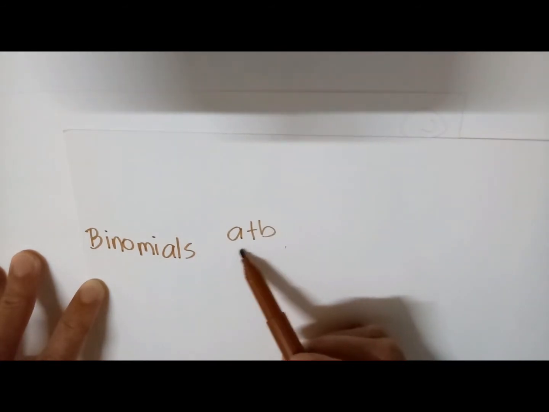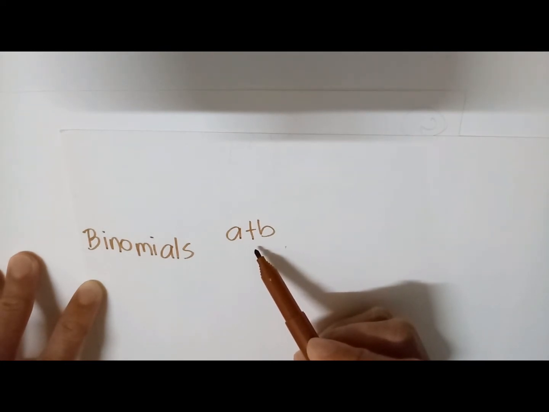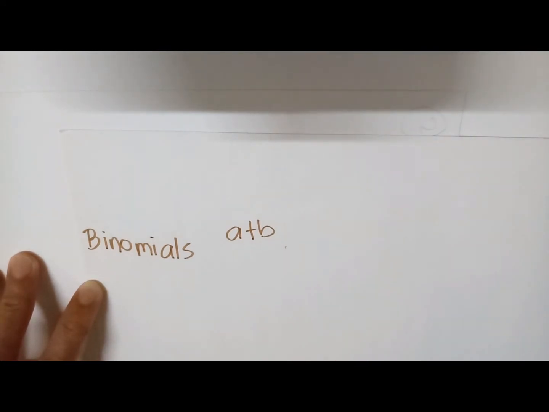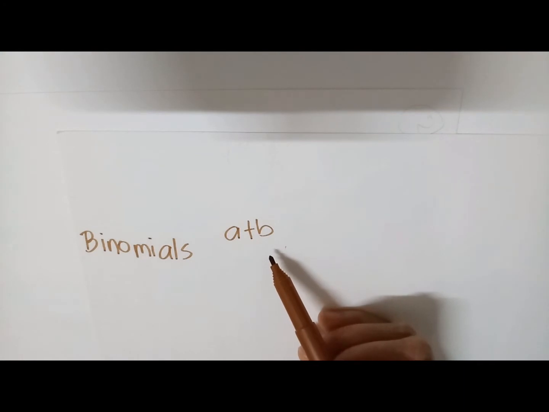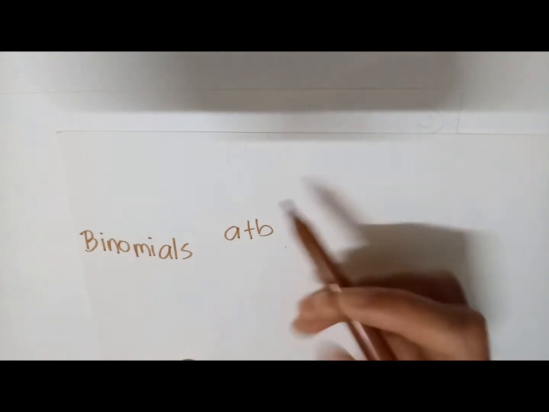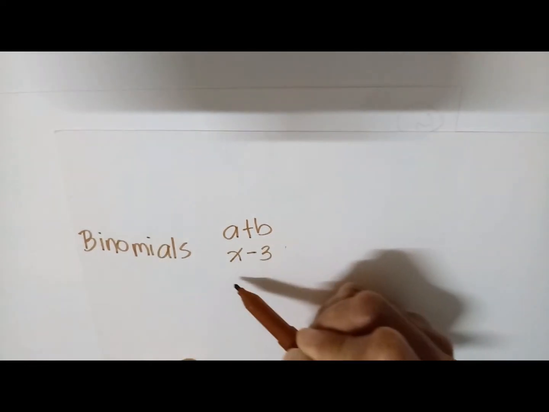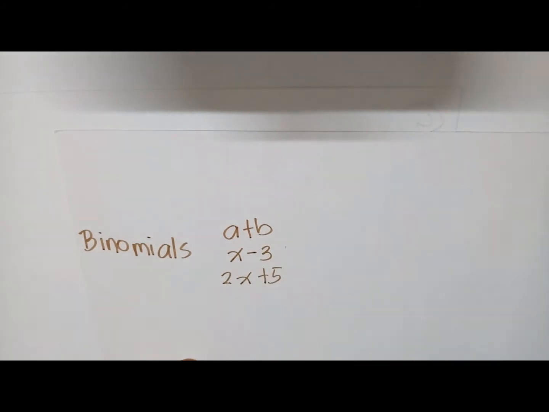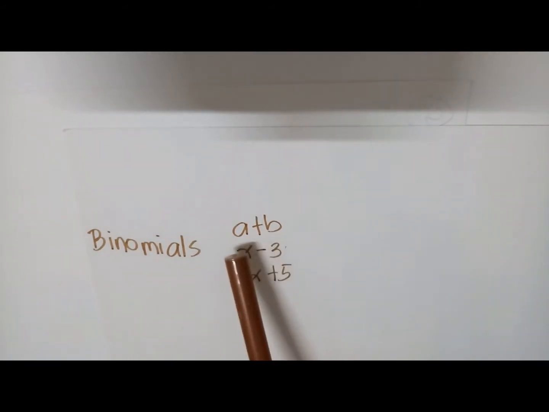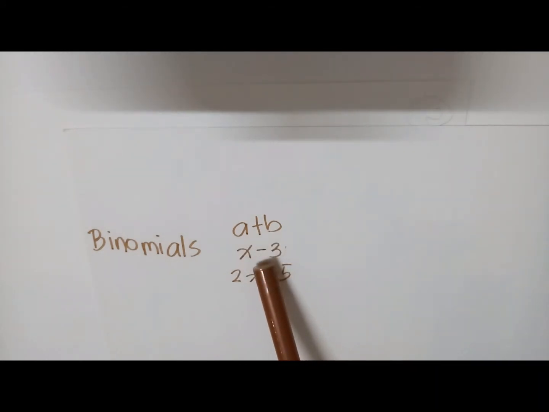So we have two terms with a plus sign. Take note that we can use any letters in the alphabet to represent a term. And if you want numbers, you can also do it, just like, for example, x minus 3 or 2x plus 5. Notice that you have two terms connected by a plus or a minus sign.